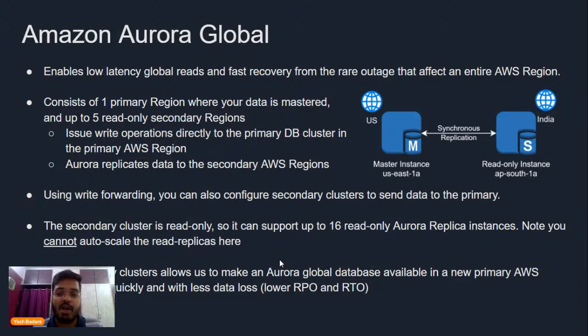Now, let's say you have a master instance in US, and you have your India application reading from this particular database, which is replicated from US East 1A to AP South 1A. You can add read replicas to this region as well, right? So let's say you have a read replica here, like it's just one instance. So now instead of 15 read replicas, you will have a 16 read replica option here.